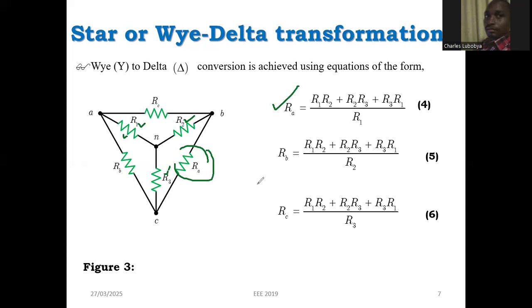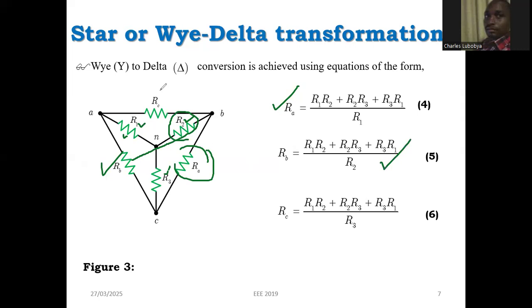To calculate RB, which is here, again, it will be R1 multiplied by R2 plus R2 multiplied by R3 plus R3 multiplied by R1, divided by the resistor opposite to RB, in this case R2, and that's how you get your equation 5.